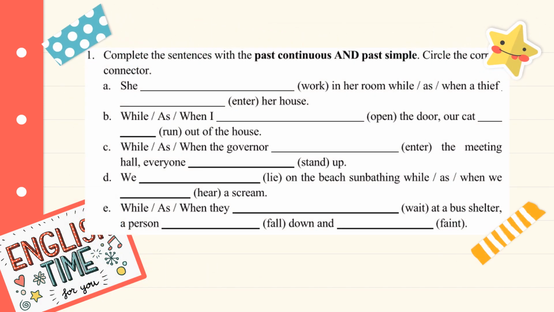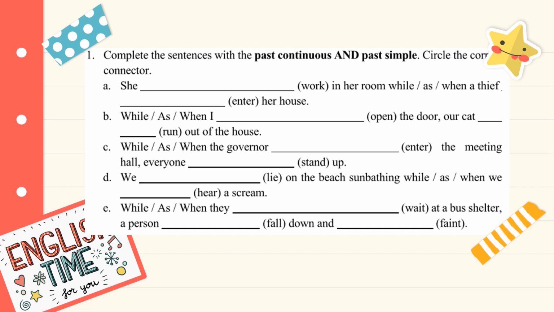Okay, and let's do the exercise. Number 1, complete the sentences with the past continuous and past simple. Circle the correct connector. So you have two jobs here, to write down the past continuous and past simple and circle the connector.